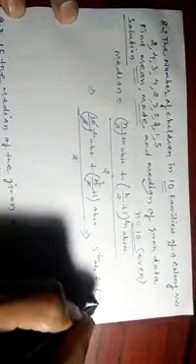To proceed further, it is the 5th term plus, here will be 5th plus 1, that is the 6th term, divided by 2. Before putting these values we have to arrange in ascending order.